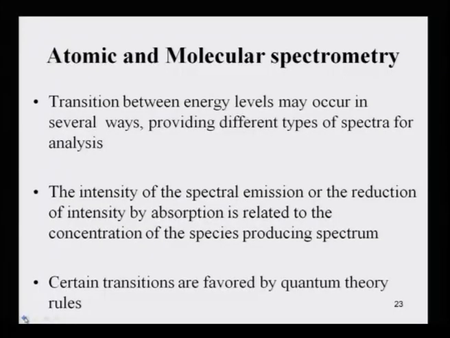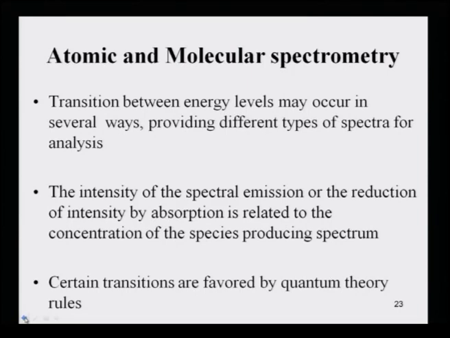We just saw, when we were doing atomic absorption spectroscopy, that it came under the category of atomic spectroscopy, whereas molecular spectroscopy is where we are looking at the entire picture of the molecule. Transitions between energy levels may occur in several ways, providing different types of spectra for analysis. So, molecular spectrometry is much more complicated as compared to atomic.